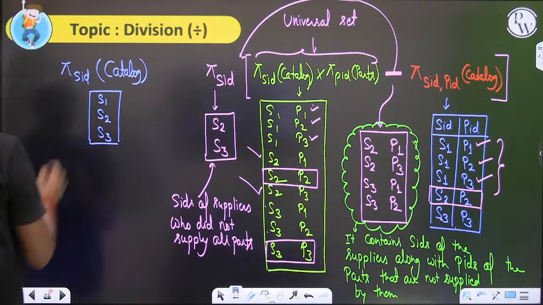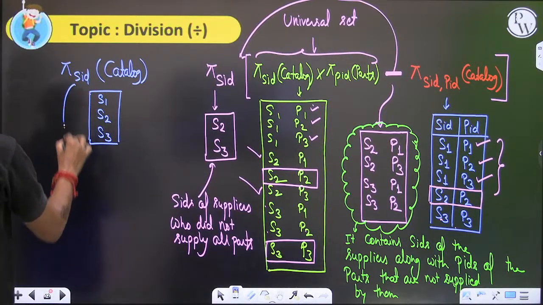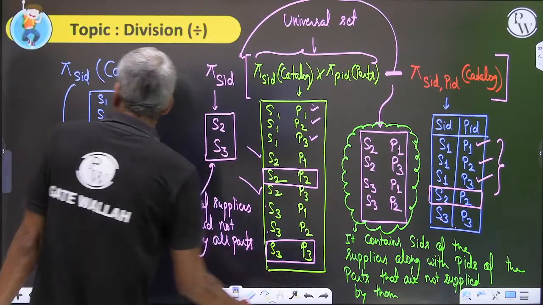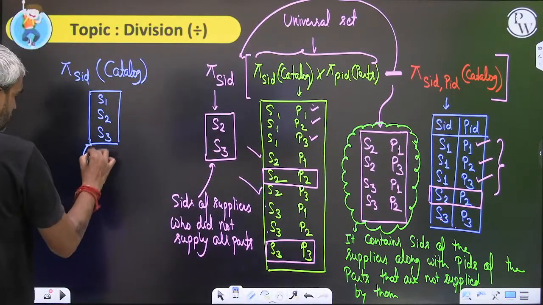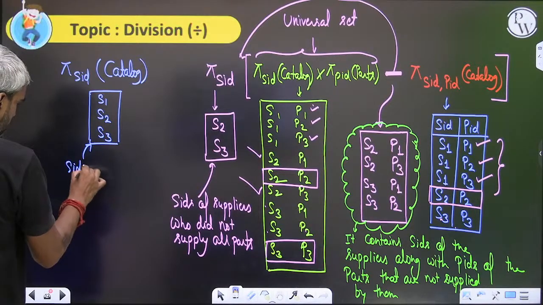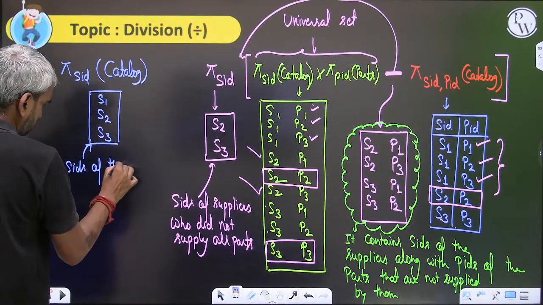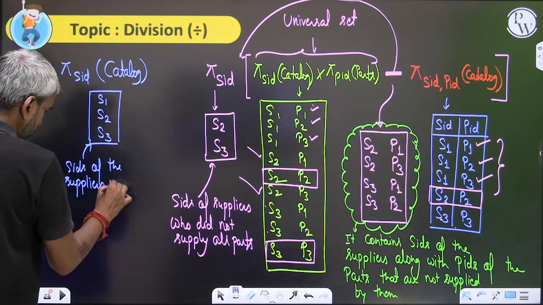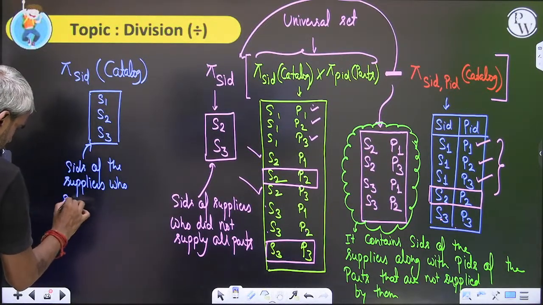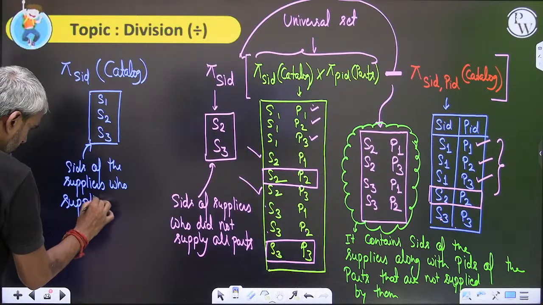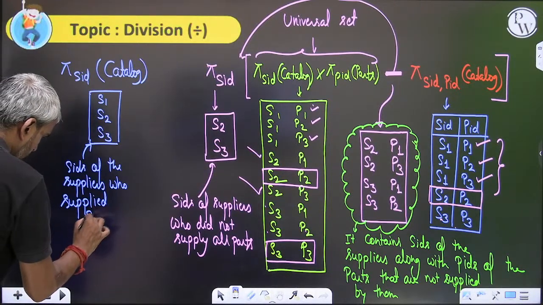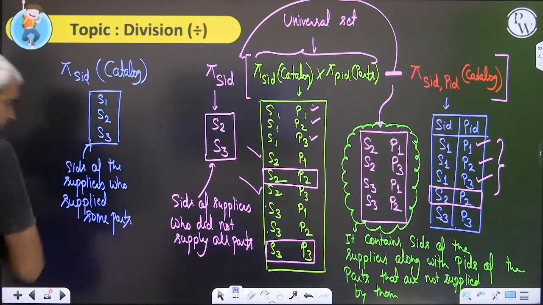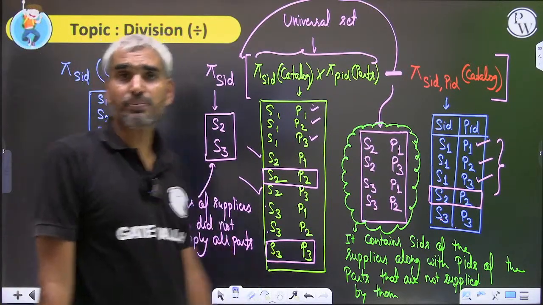These are basically nothing but SIDs of the suppliers who supplied some parts.